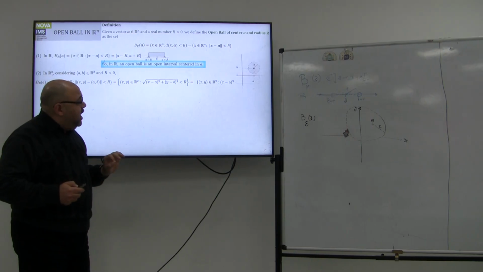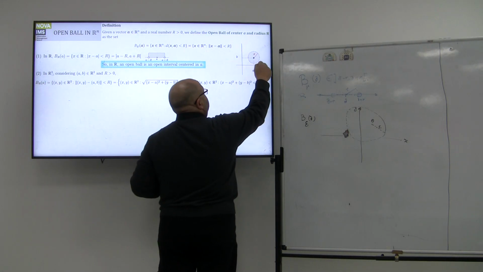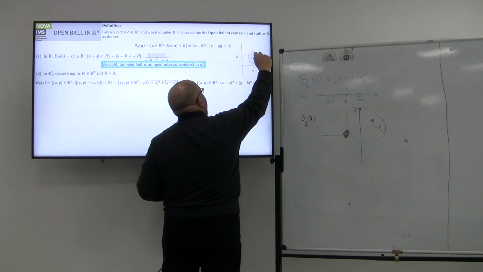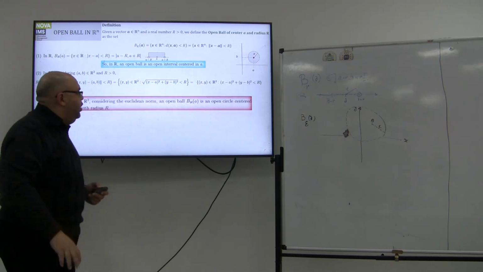And in this case, this is the shape of your ball. This is point A, that's radius R, and that's the open ball. As I told you, the points in the neighborhood of A without the boundary.